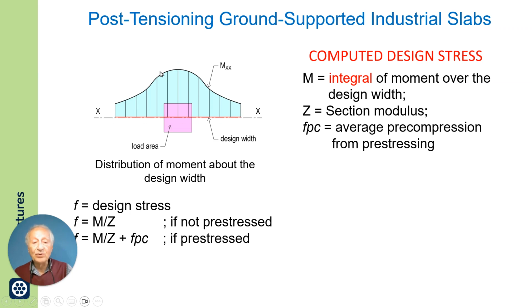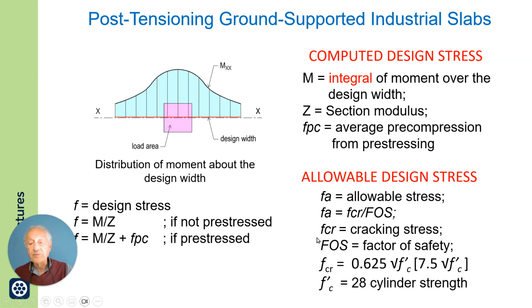And for this total moment acting over this section, you will be calculating a design stress. Stress is moment divided by section modulus plus precompression if it is pre-stressed. In our case, we are dealing with post-tension slab, so we will have moment divided by section modulus plus fpc, which is precompression.